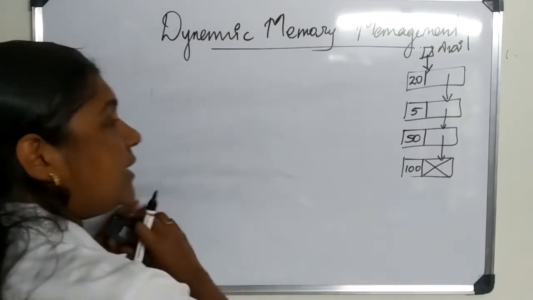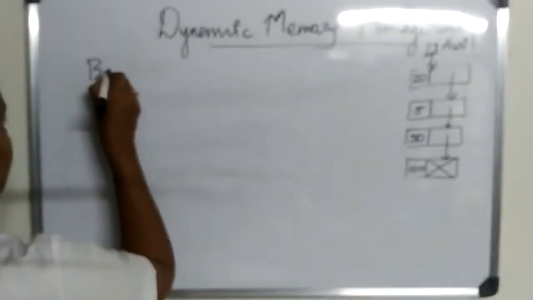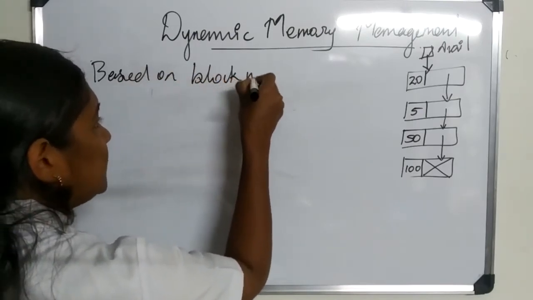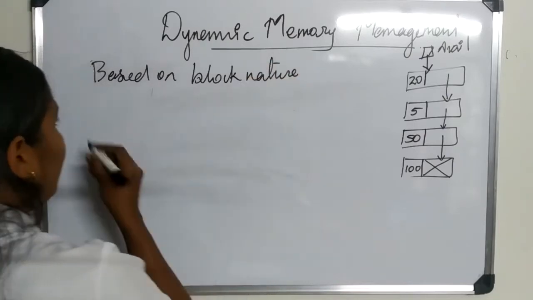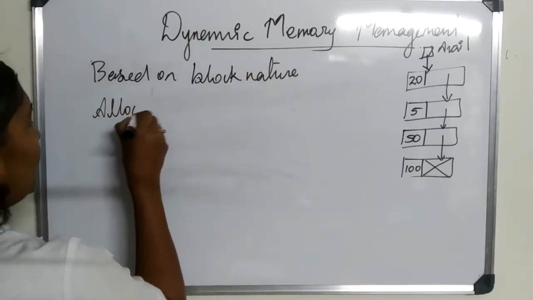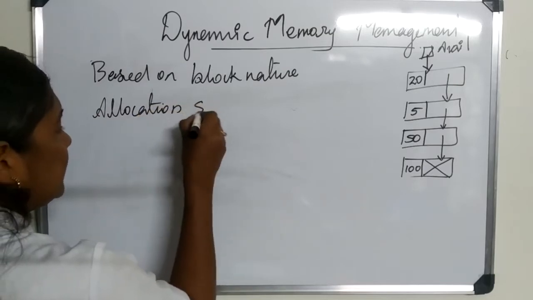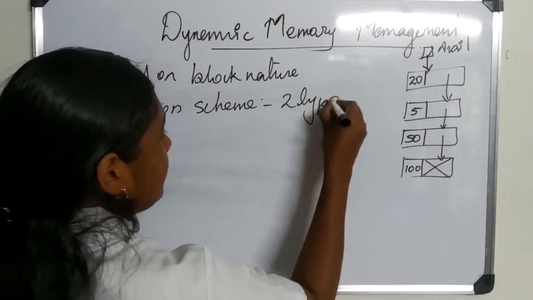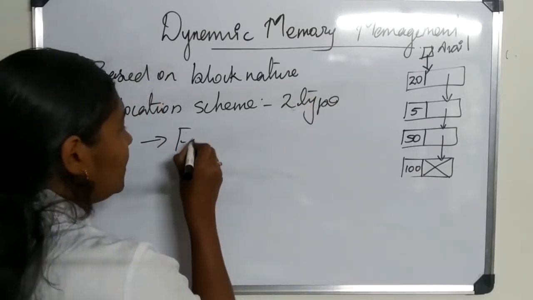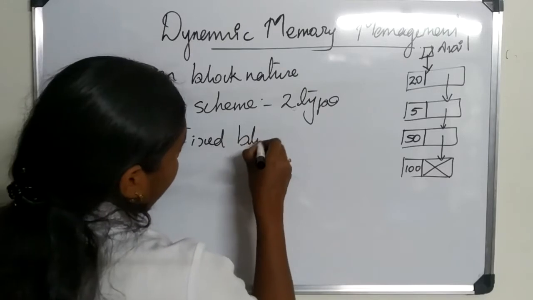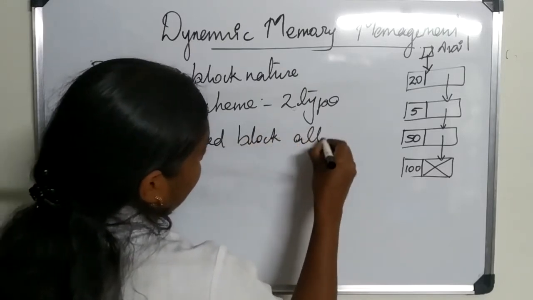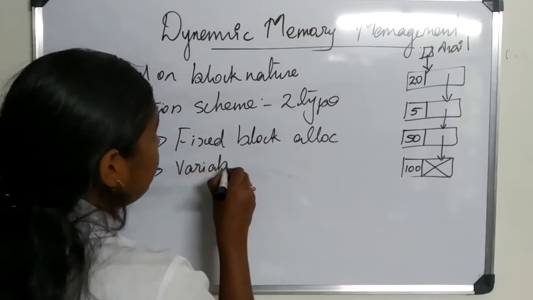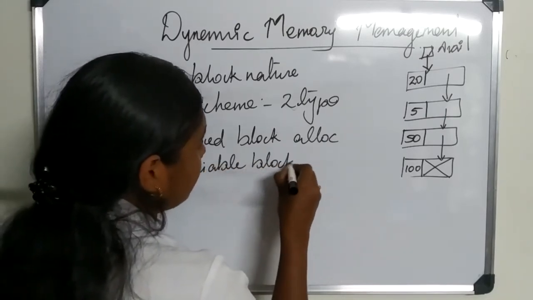Based on the block size or block nature, allocation schemes can be of two types: fixed block allocation and variable block allocation.